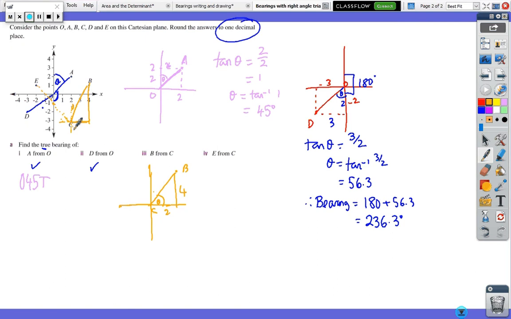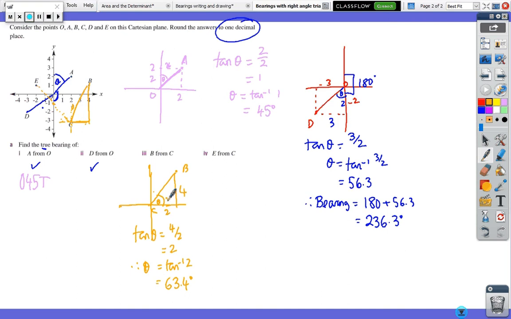I've gone across 2 and up 4, so tan theta equals opposite over adjacent, which is 2, so theta equals tan minus 1 of 2 equals 63.4 degrees.